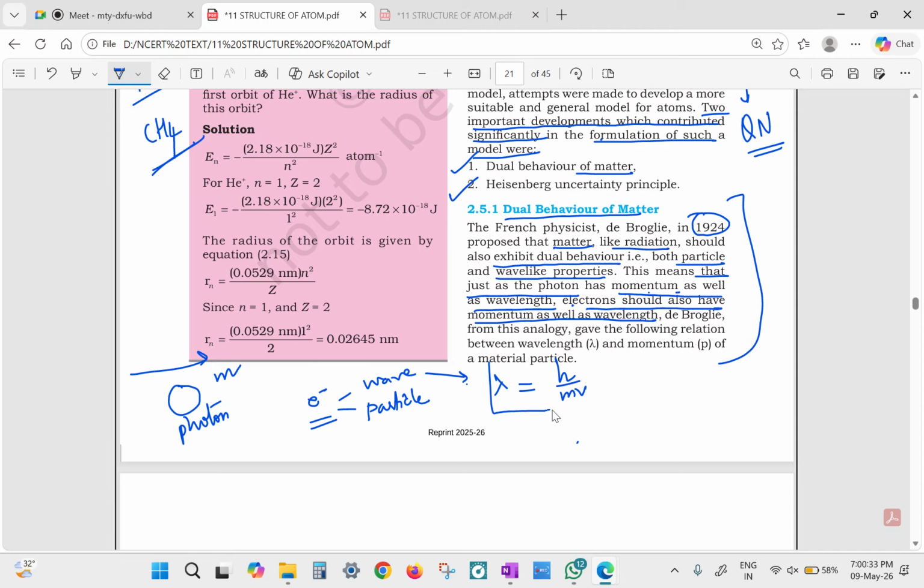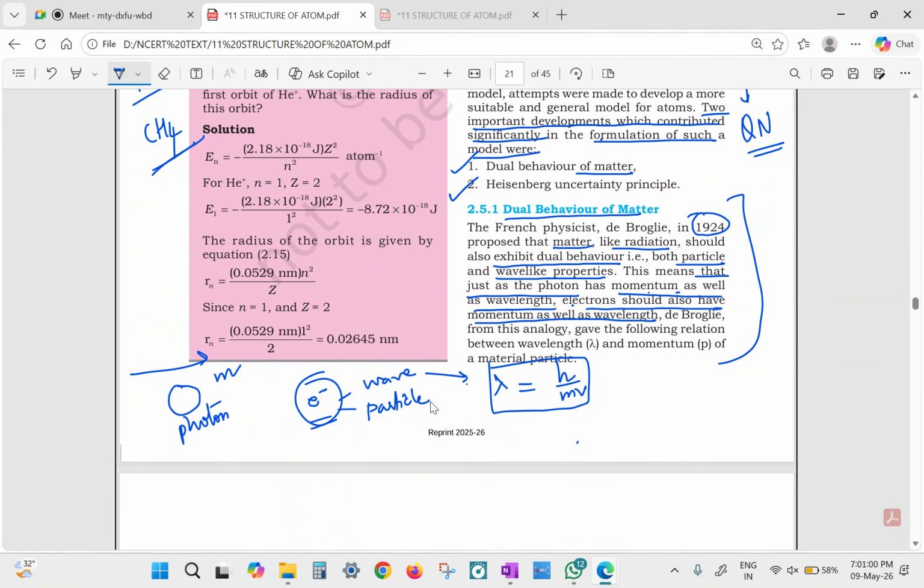De Broglie proposed that particles, the so-called objects, be it large or small, should have both wave-like and particle-like nature. The wave-like nature means it should be exhibiting a wave, and if it is exhibiting a wave character, then there should be a wavelength. The wavelength associated with an electron is equal to h upon mv.